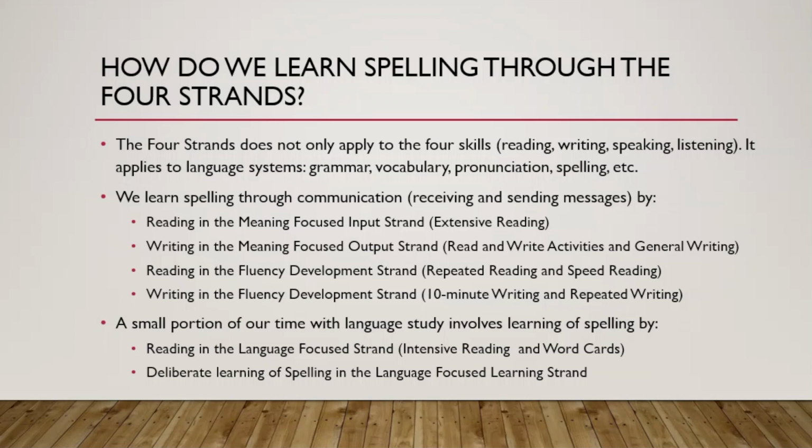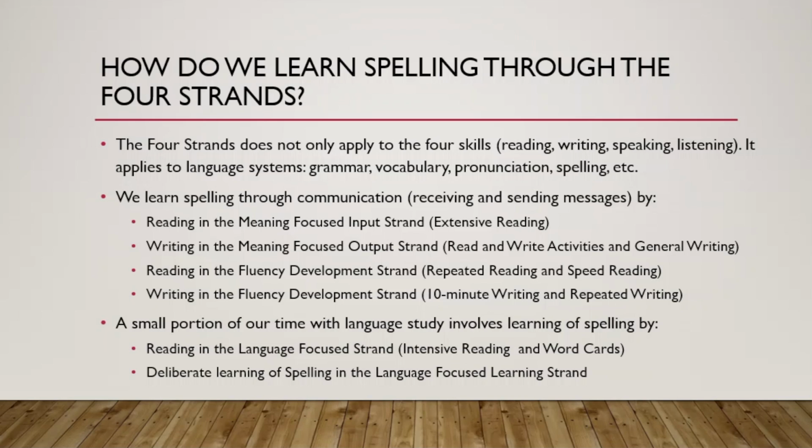The rest we're going to learn implicitly. So the language-focused learning strand is more about explicit learning, as in we're focused on learning something, as in we're studying how the spelling is done, we're making sure we're accurate, we're literally learning something. We might use rote learning, by the way.